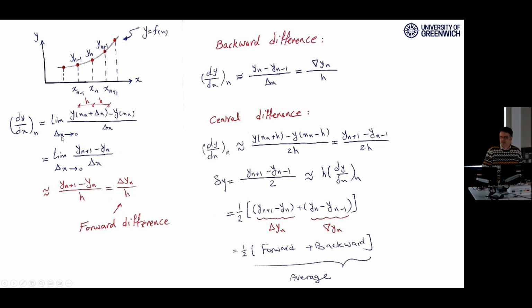This holds when delta x is very, very small, like an epsilon. So it is the derivative of the next point minus the current point over delta x. I will call delta x h, and I put an approximation sign here instead of equality, because here I'm working with real numbers for h. In the earthquake case, for example, it is 5 milliseconds.